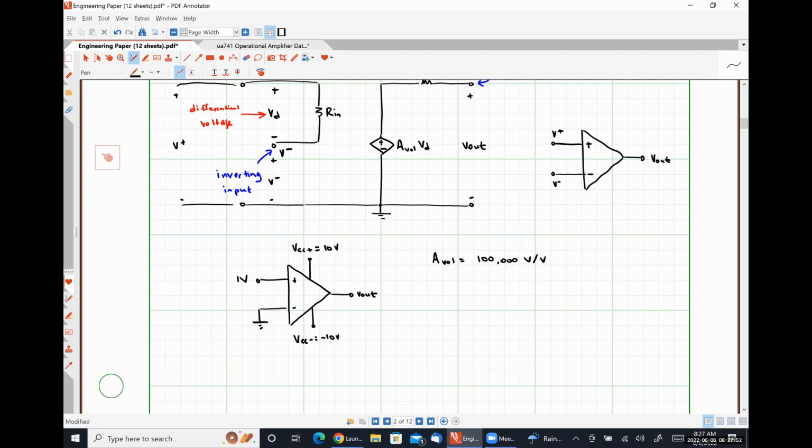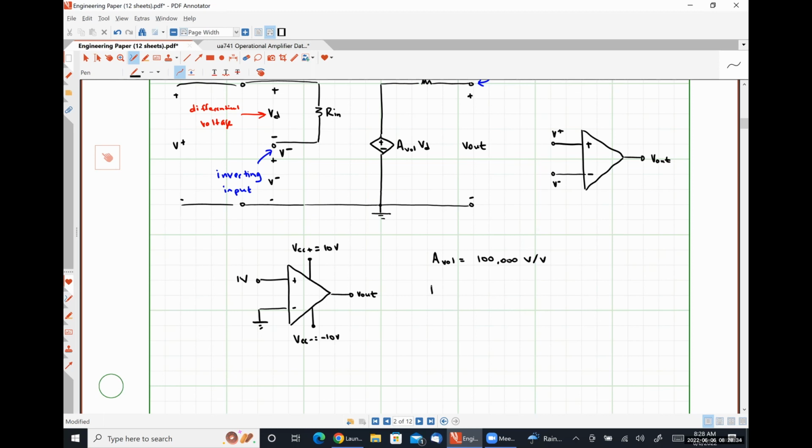The Texas Instruments 741 amplifier that I have been referencing here actually has an open loop gain of about 200,000 volts per volt. Okay. Some special purpose op-amps may have voltage gains that are a little bit lower. Some may have voltage gains that are as much as a few million, but typically speaking, we should expect to see a voltage gain of at least several thousand volts per volt from an op-amp.